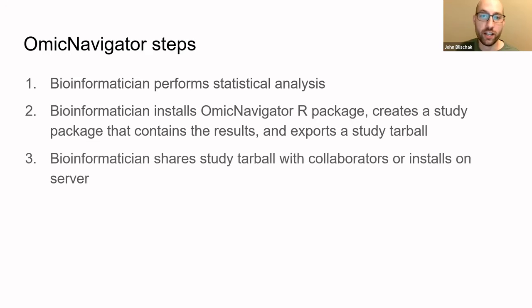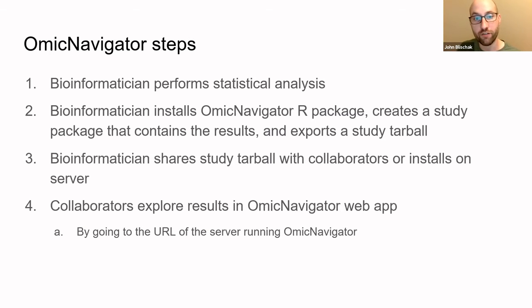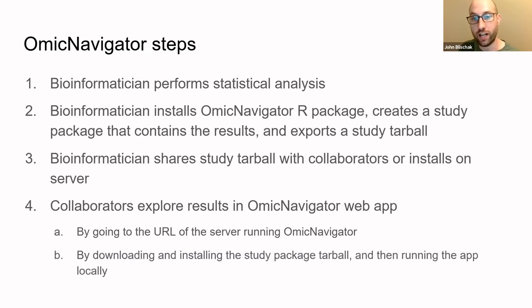The bioinformatician can either share that tarball directly with collaborators, or if they have a running server, they can install it on the server. The collaborators then explore the results in the web app. They just go directly to the URL if there's one being hosted, let's say in your organization. But if you don't have someone to set that up for you, they could download the study tarball package, install it, and run the app locally.